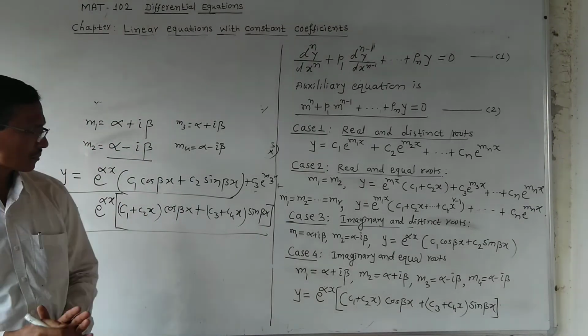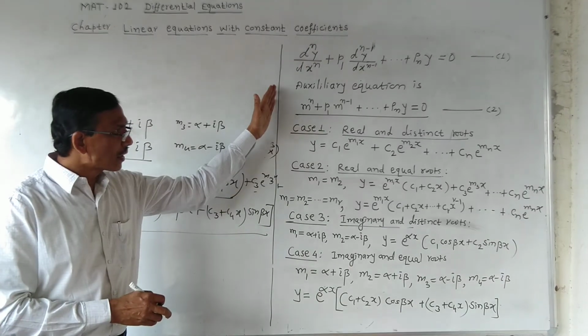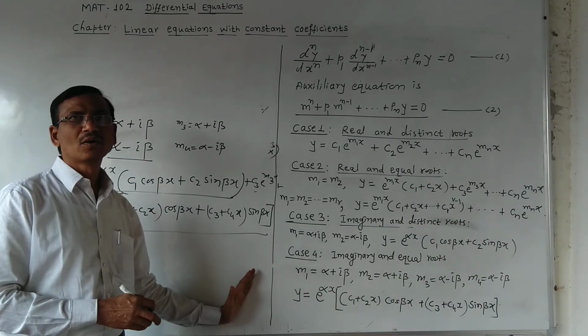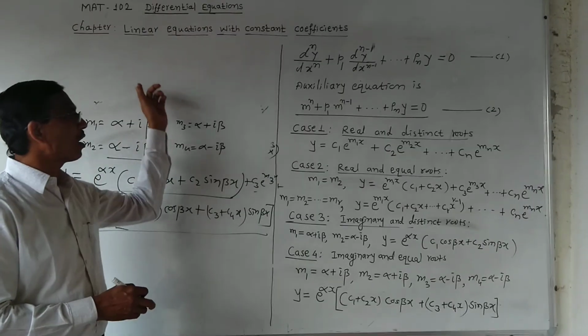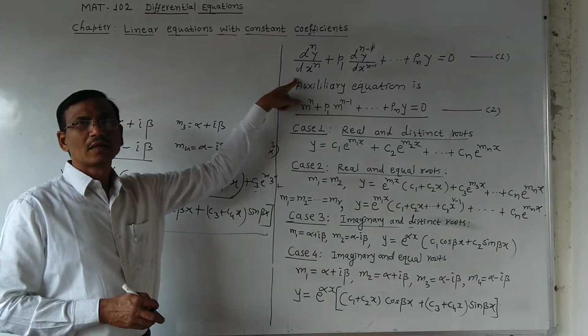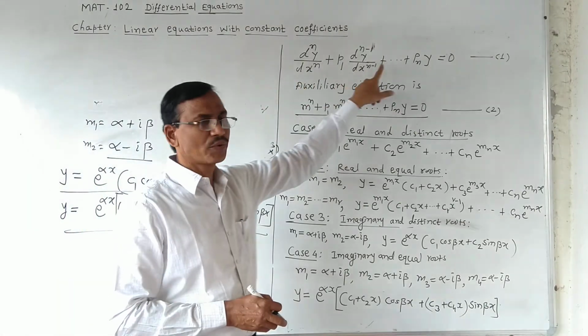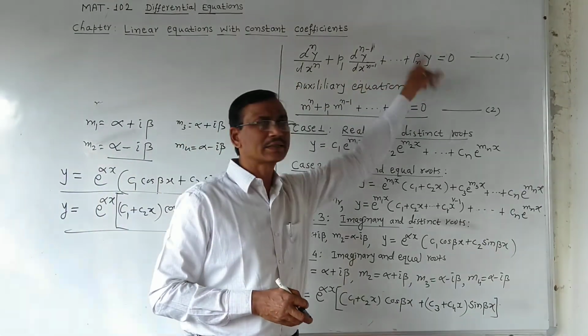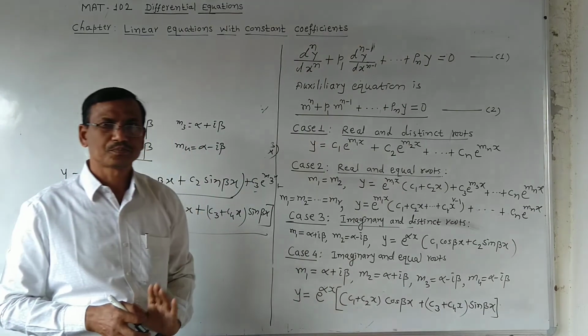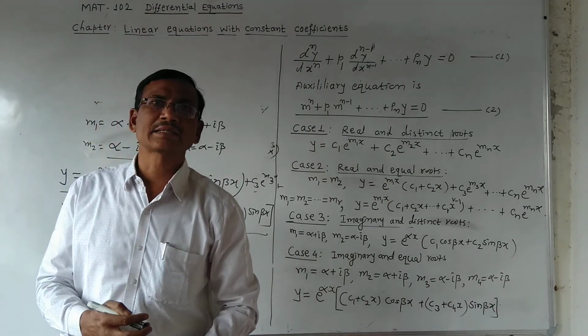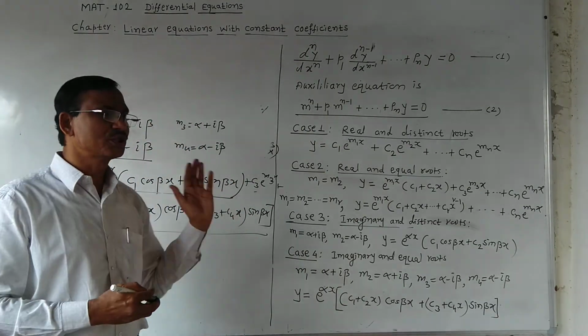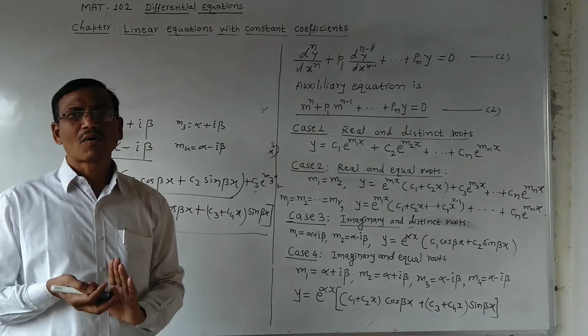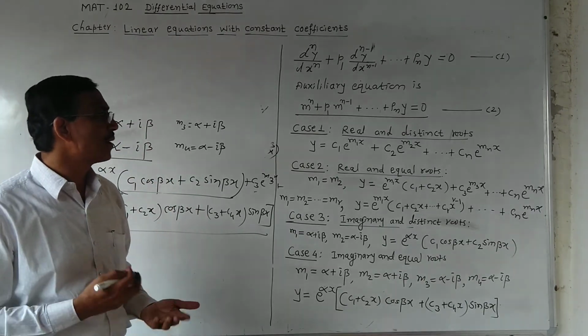You have to remember these as formulas to find the solution of a linear differential equation with constant coefficients where the right hand side is 0. Actually, when the right hand side is equal to 0, these solutions are called the complementary function.